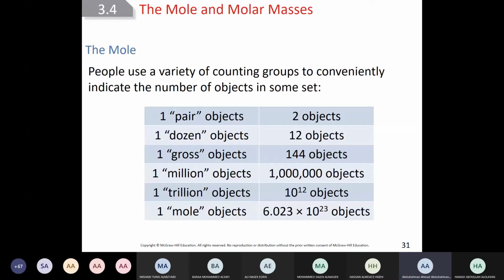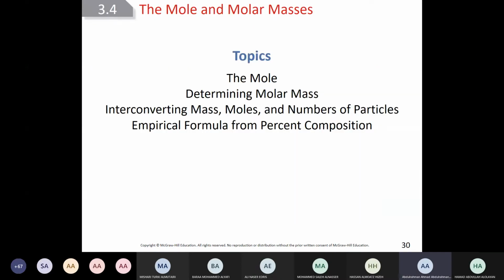Very good. Then, what is a mole? The mole has two definitions.